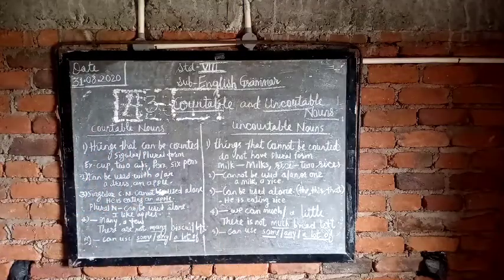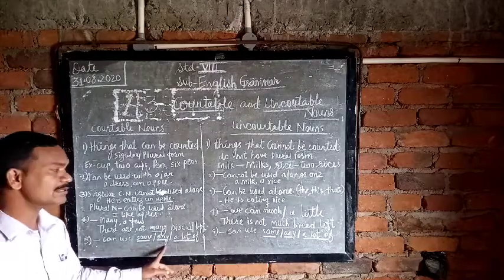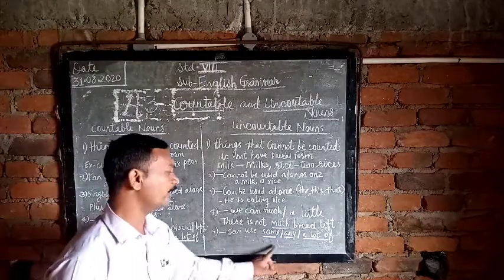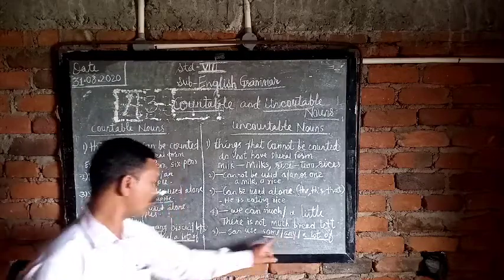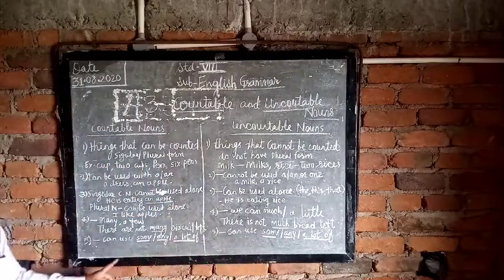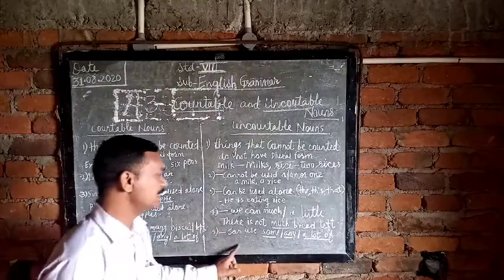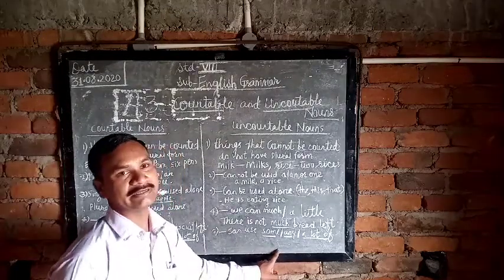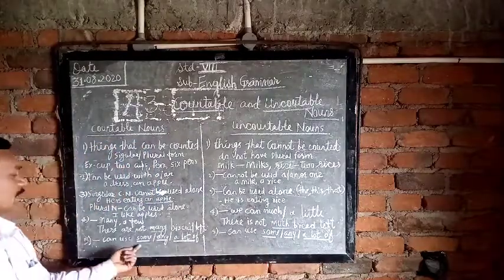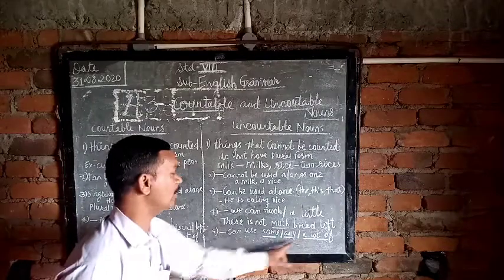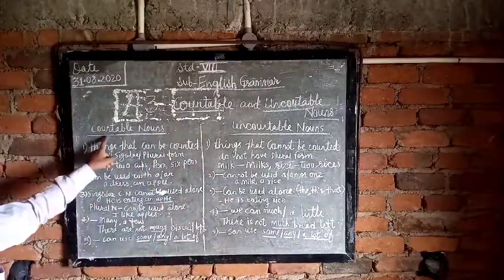Now, did you buy any stamps? Have you got any money? Use of any. A lot of: I have a lot of friends. There is a lot of sugar in the tin. These are the uses of some, any, a lot of on both sides, countable nouns and uncountable nouns.